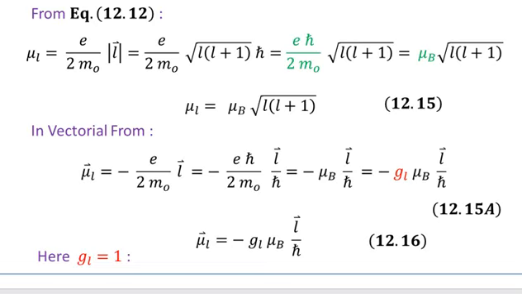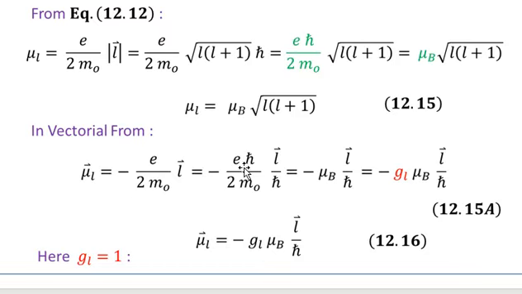One is mu L, which is the orbital magnetic moment of the electron, related with the Bohr magneton multiplied by the square root of L into L plus 1. In the vectorial form, this definition is over here that we have discussed in equation number 13. So this is what I have taken from equation number 13. In the vectorial form, we have this definition.